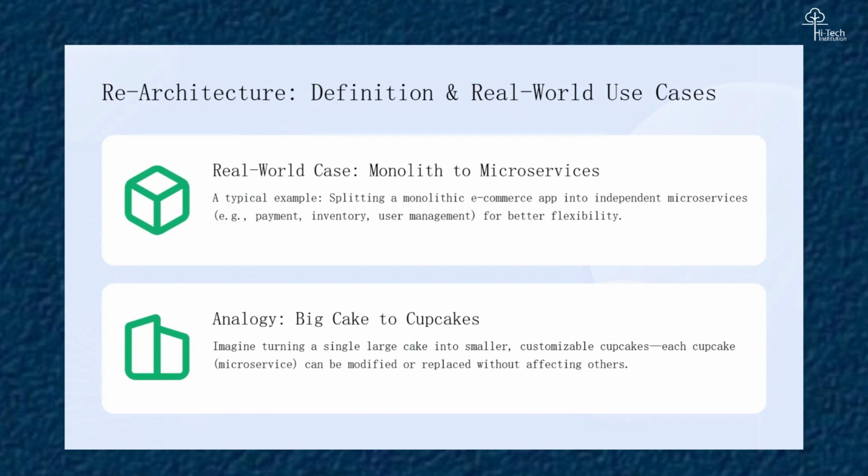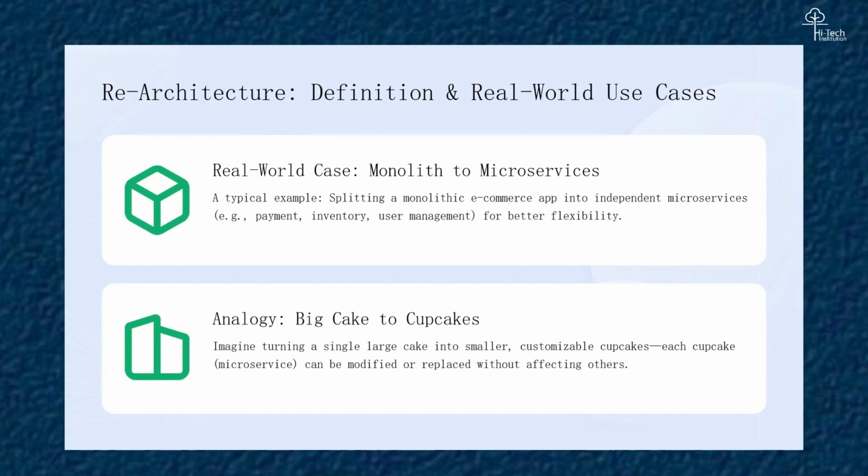Okay, so the scenario is they have an e-commerce application that is currently in a monolithic structure, and they are dividing that into independent microservices. Like in that application, they have a payment service, inventory service, and user management service. All these things they split into small microservices just for better flexibility. So how can you remember this?